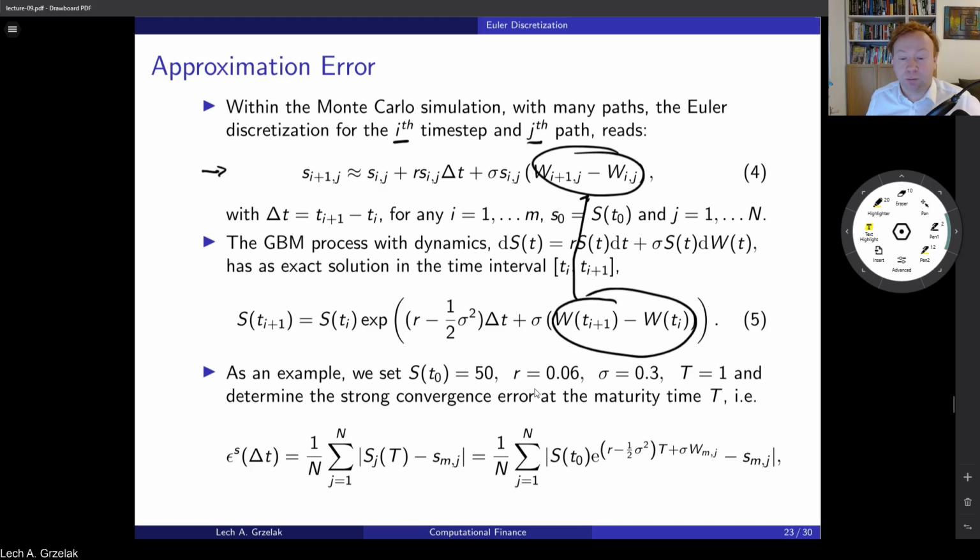So if we define some parameter sets, S_0 = 50, interest rate 6%, volatility 30%, and maturity 1, then we can determine the strong convergence as follows.